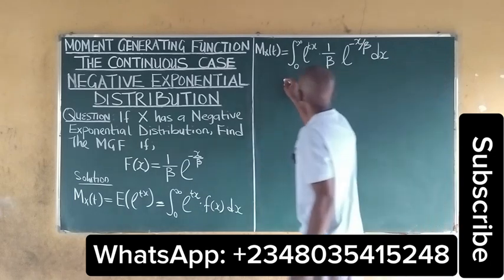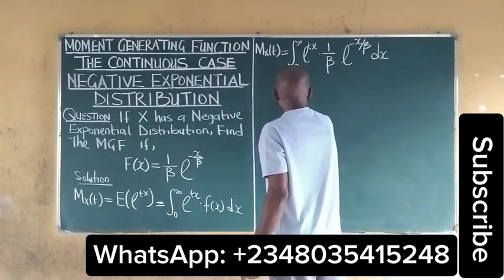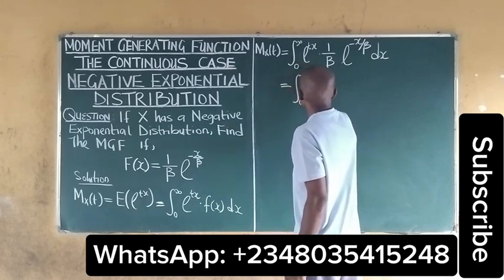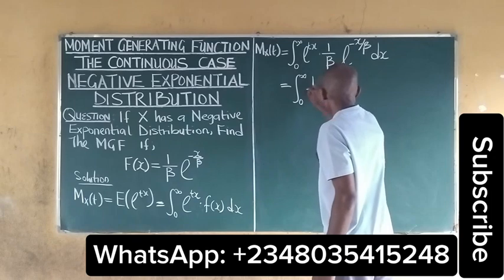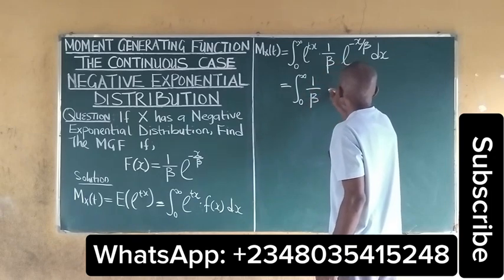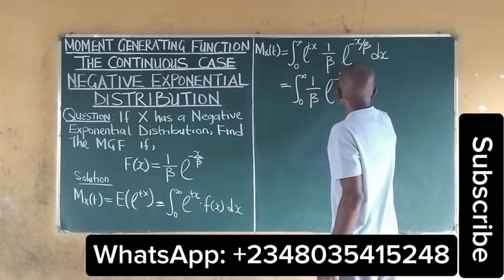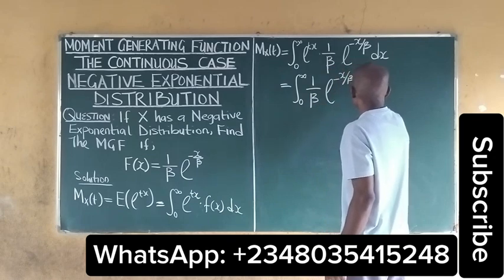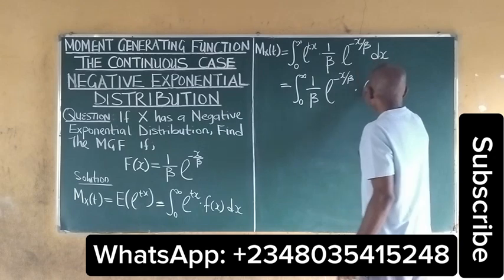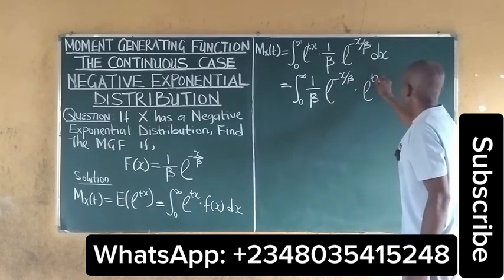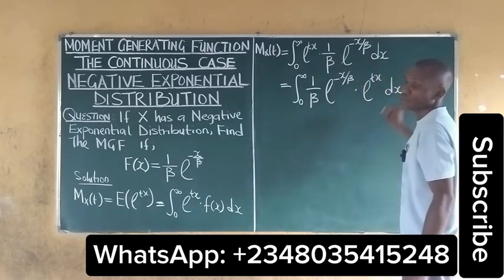The next thing to do is to rearrange this very well. So we have this as from 0 to infinity, 1 all over beta exponential negative x over beta dot exponential tx dx.